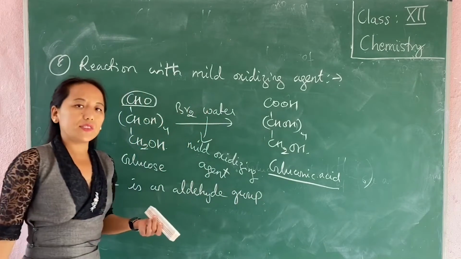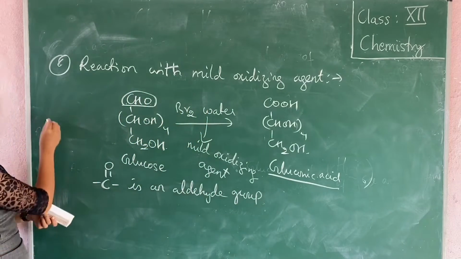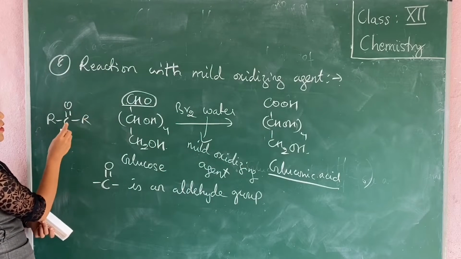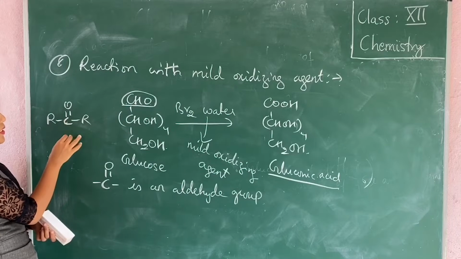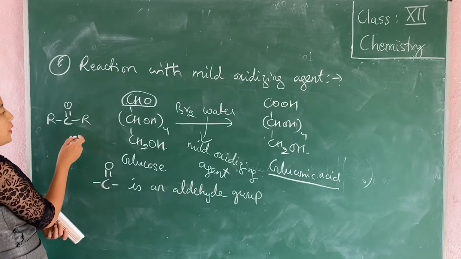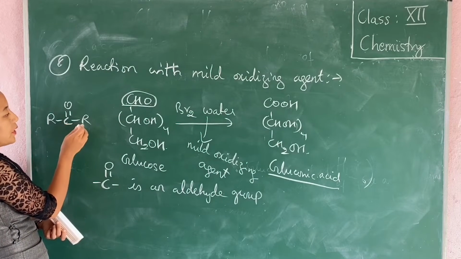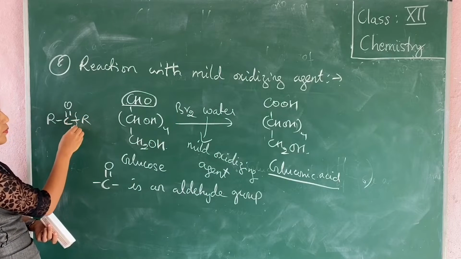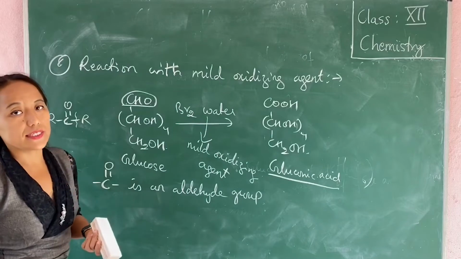The reason for this is because of ketone, R C double bond O C R. In order to oxidize a ketone, you need to break the bond between this carbon and the carbon of this R group. So it's very difficult to break this bond by using a mild oxidizing agent.